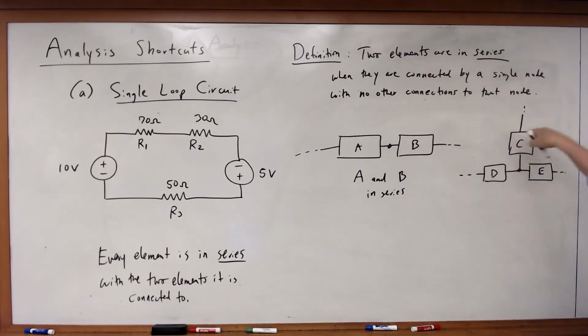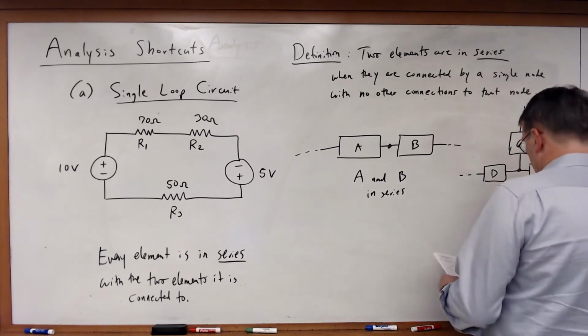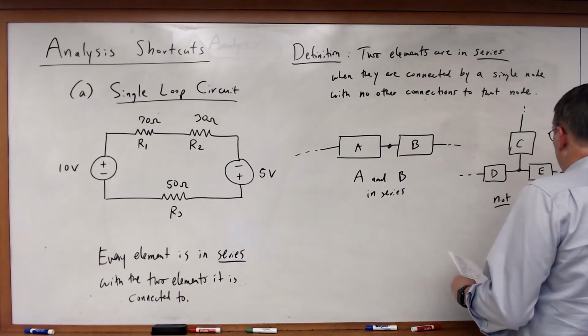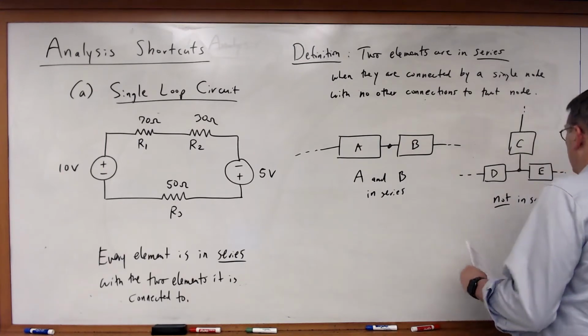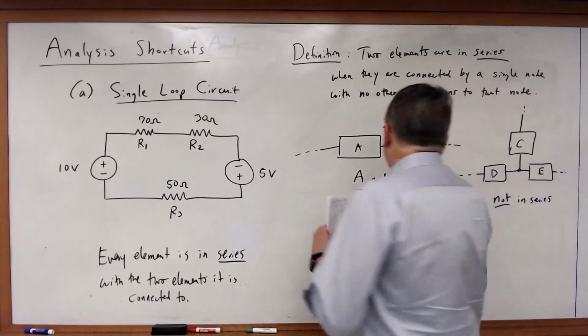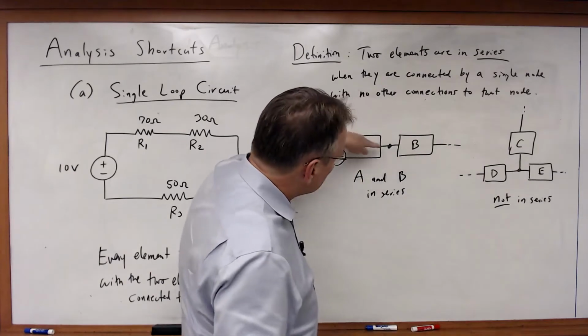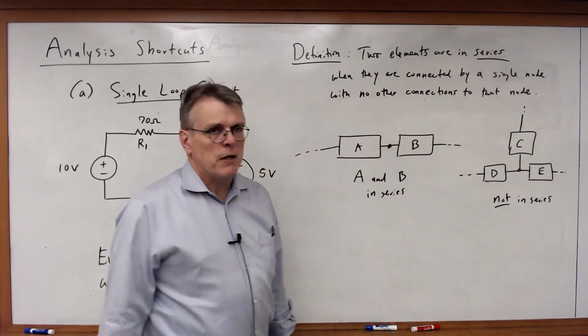If I had three elements connected together, D and E are certainly connected together at that node, but there is a third element that is connected to it as well. So none of these elements are in series with each other. So series means there is one connection, a single path between those two elements.